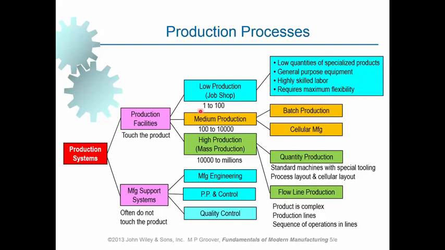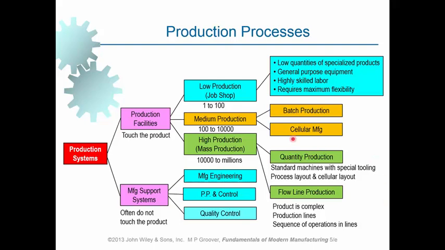In medium or low quantity production, the same machines are used to produce many types of products. Whenever a machine switches from one product to another, a changeover is required. The changeover requires the machine setup to be torn down and set up for the new product.